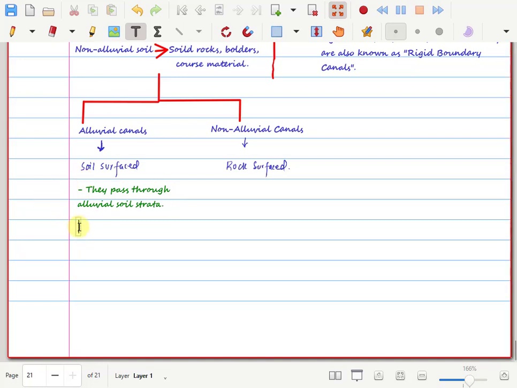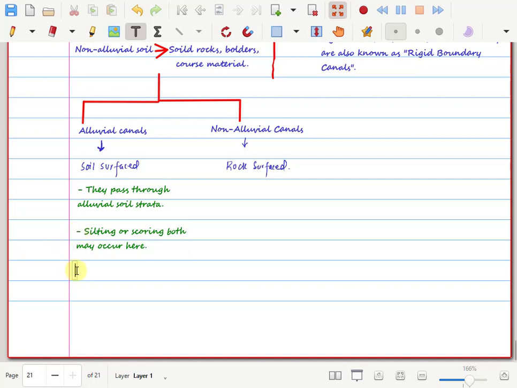Second point related to alluvial canals is that silting or scoring both may occur here.